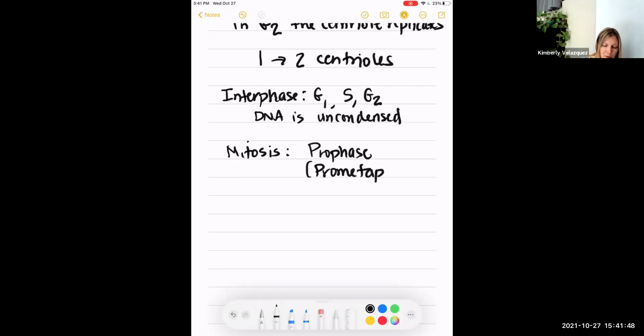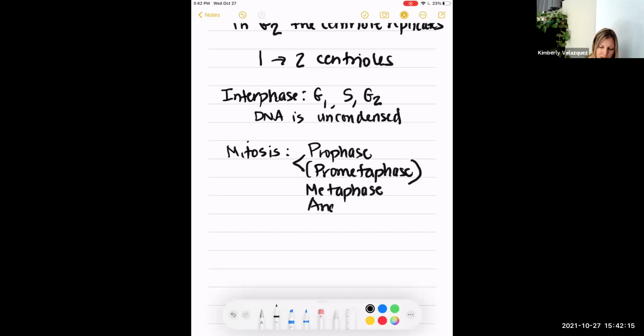Most textbooks now have prophase broken into prophase and prometaphase, but we're going to include what happens in prophase and prometaphase together. We're going to consider these the same. Prometaphase was added at some point in biology. We're going to call it all prophase.